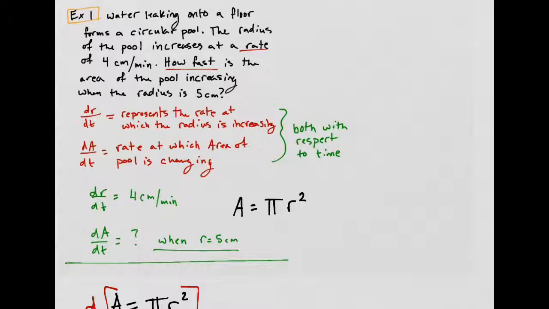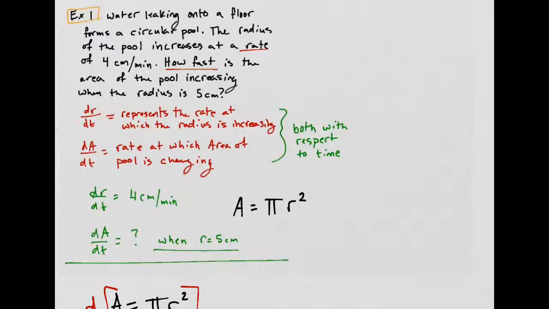It's a video. Duh. So after that, we wrote down the value of the rates that were given. We wrote down the rate that we needed with a little question mark to signify that we don't know what it is. We want to know what it is. And the when. We have to write down the when. So when r is 5.